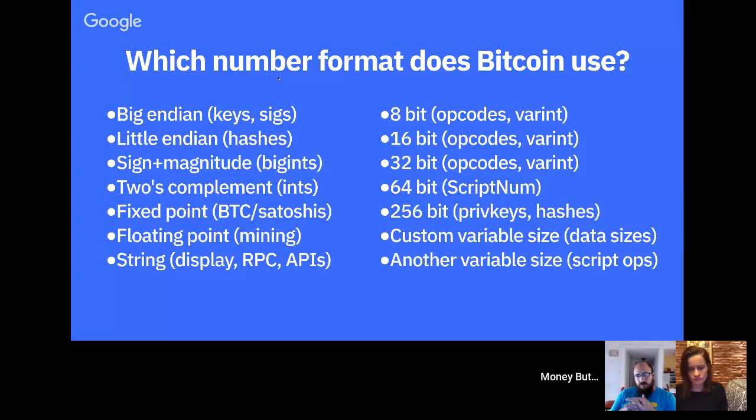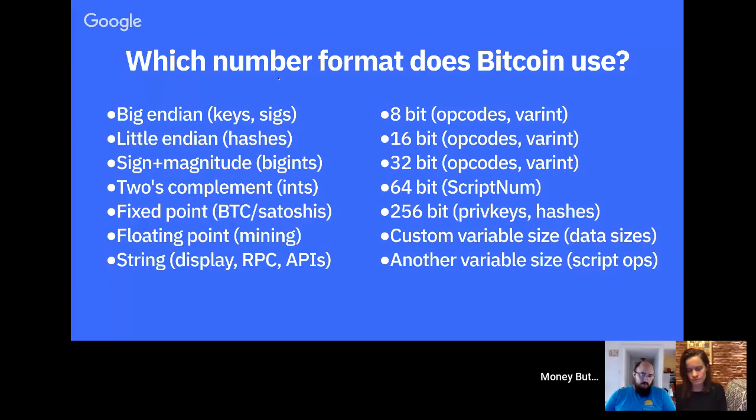We have strings, of course, because we display all these things. We have RPC interfaces and APIs and all that stuff that use strings in various places. We have all sorts of different sizes of numbers, 8-bit, 16-bit, 32-bit, 64-bit, 256-bit, all occur in different places, inside opcodes, inside variable size numbers and things like that. And then there are at least 2 different custom variable sizes.